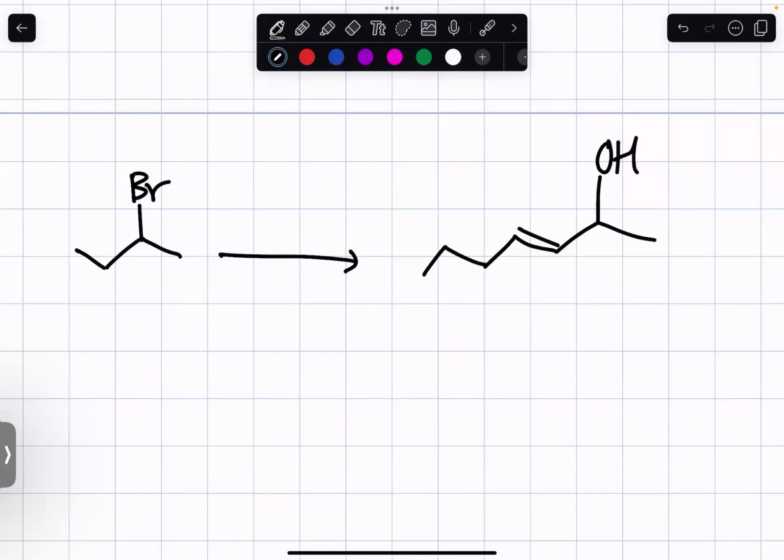Okay, let's try this one here. Oh wait, that's gonna be no. Okay, yeah. Let's do this one. There's multiple ways to start. Yeah, multiple correct ways to start this synthesis.